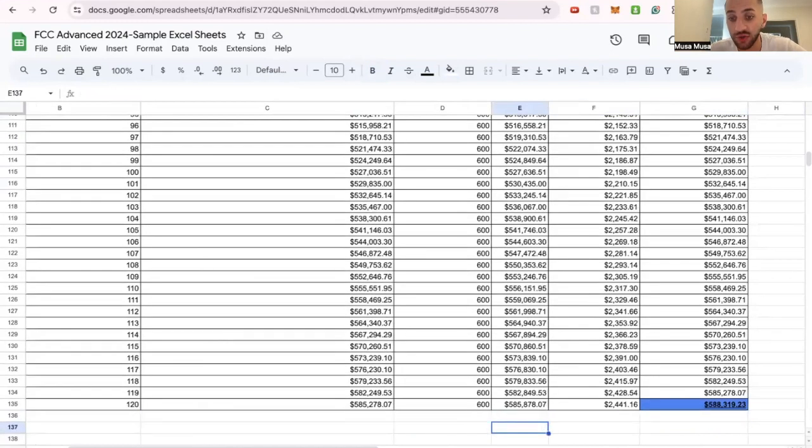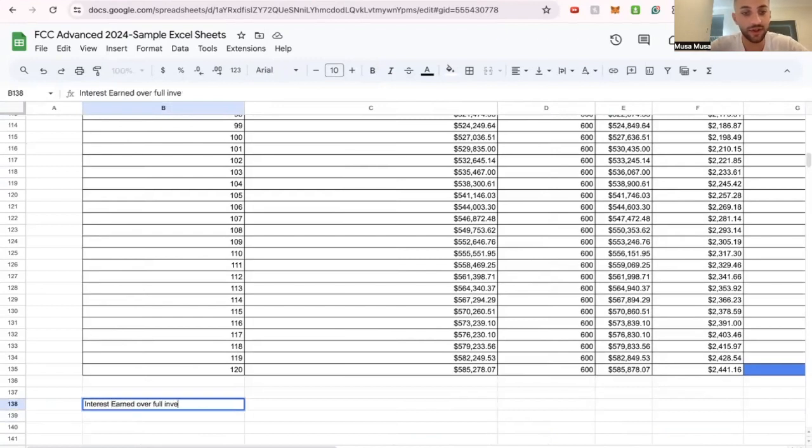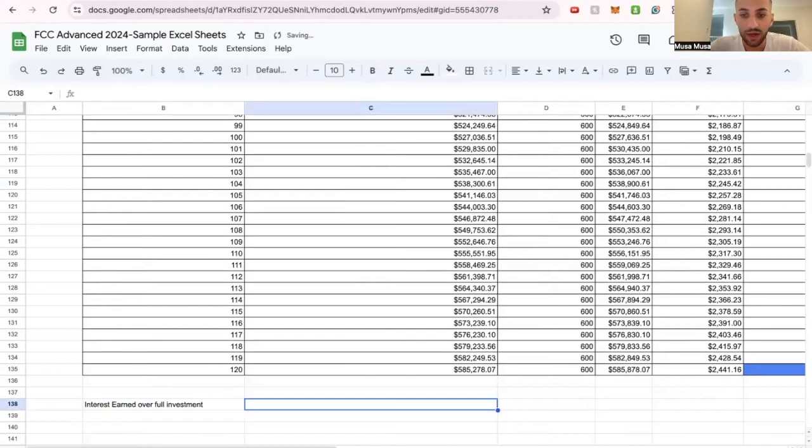So you can figure out how much interest you would have earned based on these different contributions. Obviously, you get more interest the more money you invest. And you might say, how will I know how much interest I have earned? If you want a little bit of an interest formula, we can say here, interest earned over full investment. You can put it in a little box here.